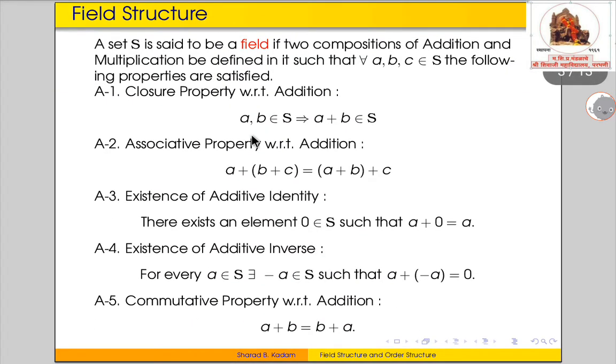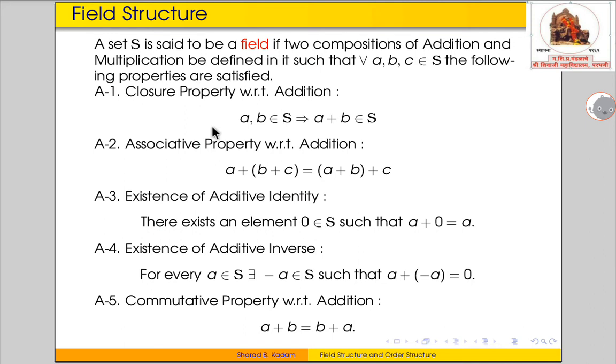So we move to field structure. In order to define field structure, we require a set S, and this set S is called a field if two compositions of addition and multiplication are defined in the set S such that for all the members A, B, C in the set S, the following properties are satisfied.